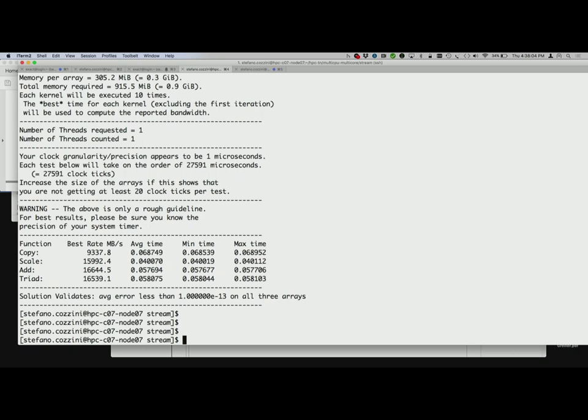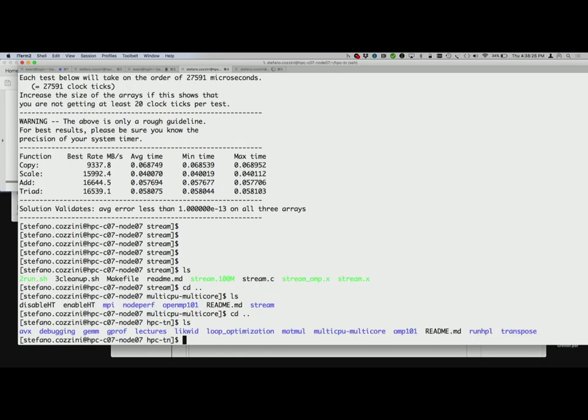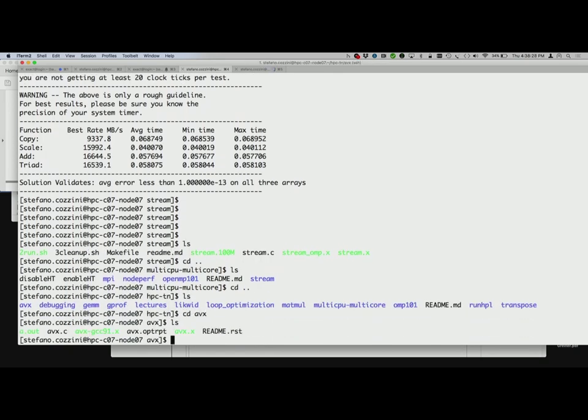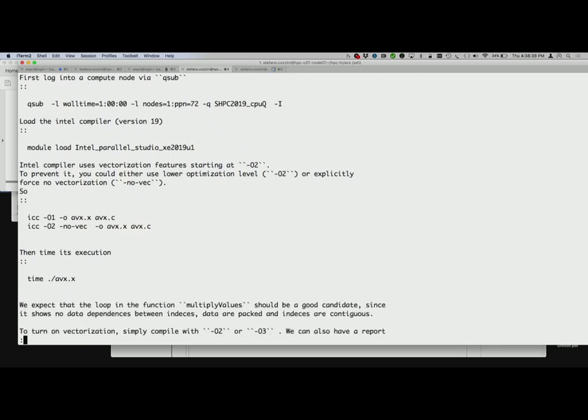So now I will let you do a little bit of exercise by yourself, and if you want, I can stay here for 20 more minutes till 5 p.m. if you have any question, if you want to try things, and we can compare results. I have another small exercise on AVX here you can play with. It's well documented, so you can try by yourself to see the way AVX is working.